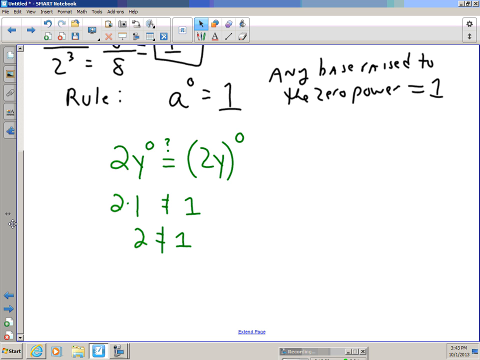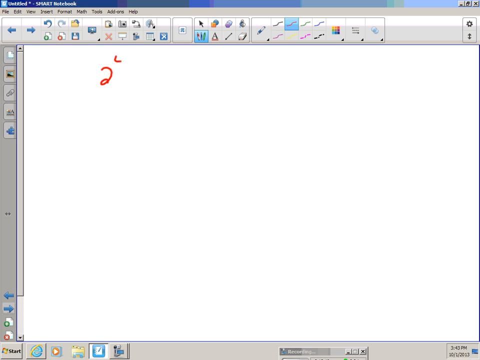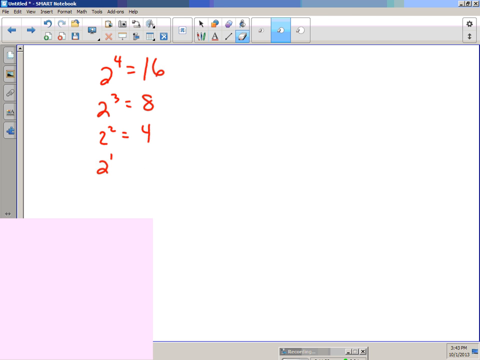Now, I'm going to expand on this 0 exponent rule to demonstrate the following concept that hopefully will make sense when you see the examples I'm going to do. We know 2 to the 4th is 16. 2 to the 3rd is 8. 2 squared is 4. 2 to the 1st is 2.